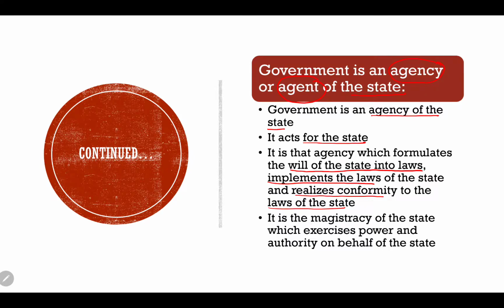And it is the magistracy of the state which exercises power and authority on behalf of the state. On behalf of the state, the government acts as a power holder, exercising authority over the people of that state.